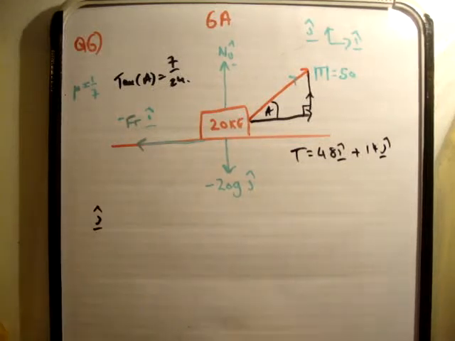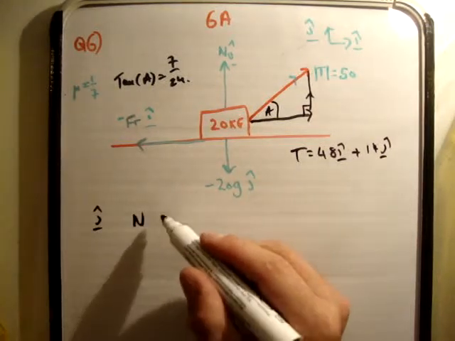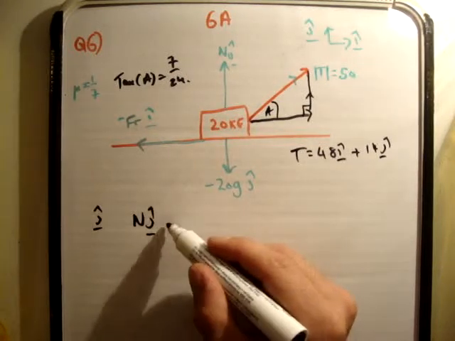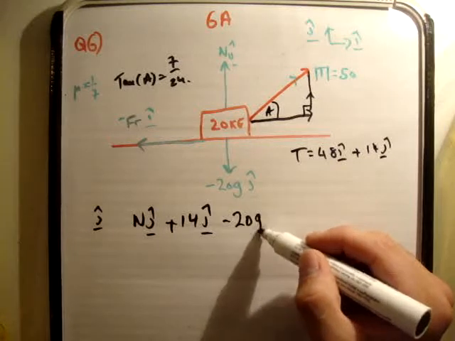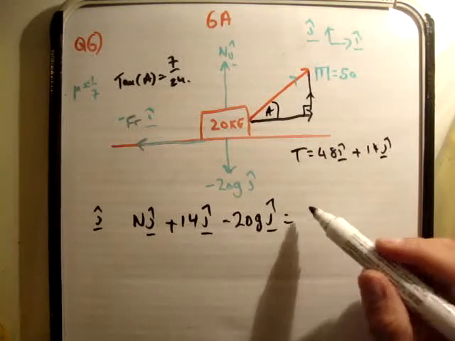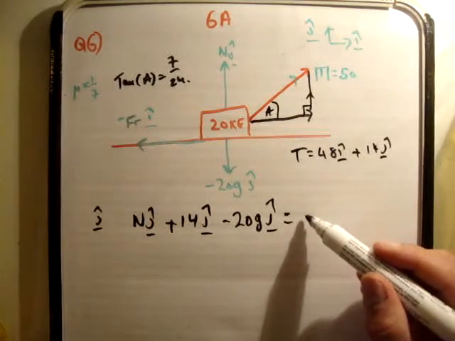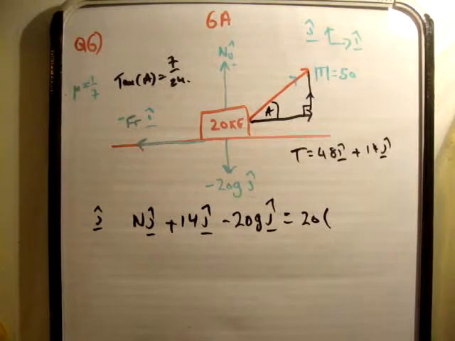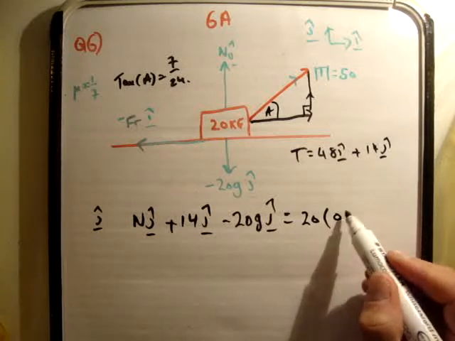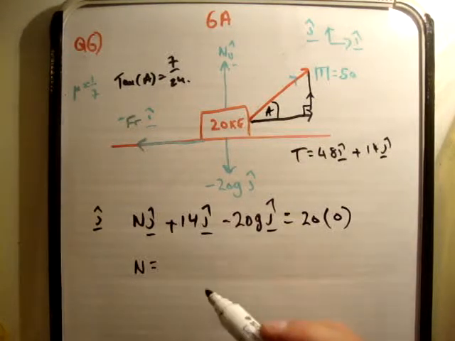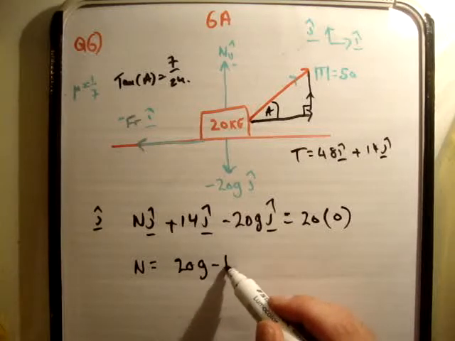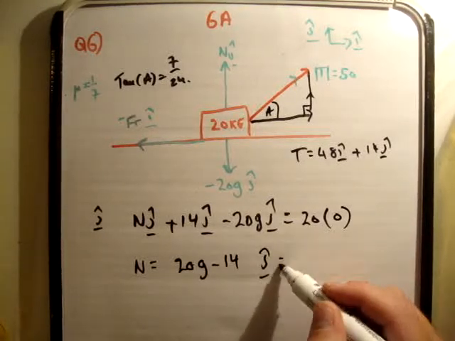So going in the j hat direction, you're going to find that N j hat plus 14 j hat minus 20g j hat is equal to its mass, which is 20, times its acceleration. Now the toboggan clearly isn't going to leave the ground, therefore the acceleration in a vertical direction is going to be equal to 0. So we're going to say that N is equal to 20g minus 14 in the j hat direction.